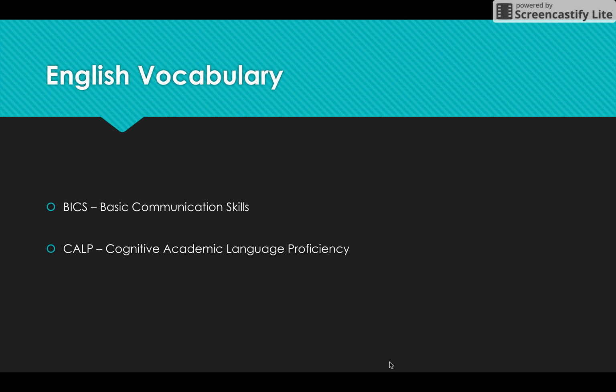This language is more related to the content. It's more of an academic language. This is the language that a student might pick up in biology class, geometry, earth science, language that is specific to that content.